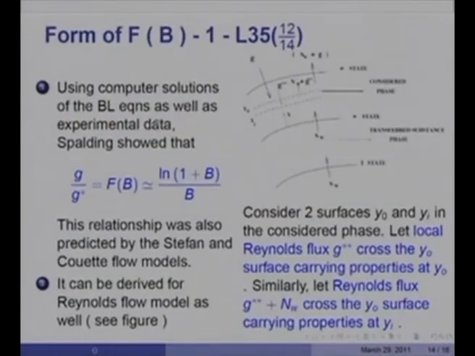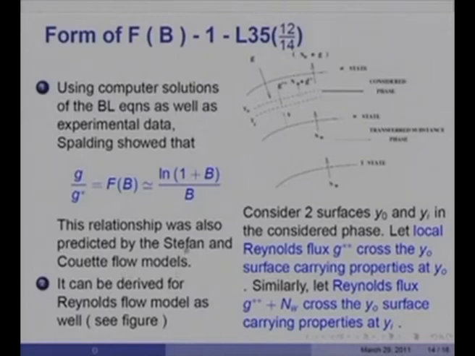So now let us see what the form of f(B) should be. Using computer simulations of the boundary layer equations as well as experimental data, Spalding showed that g over g star is equal to f(B), and that function f(B) is nothing but ln(1 plus B) by B. Now if you recall, this is the relationship which we had also predicted using the Stefan flow model as well as the Couette flow model.